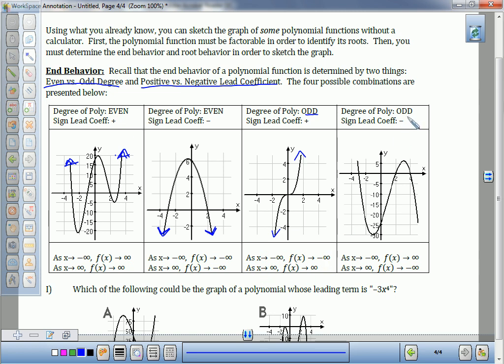If it's odd with a negative, it's the opposite of that. It rises to the left and it falls to the right. Therefore, our end behavior is as x approaches negative infinity, y approaches positive infinity. And as x approaches positive infinity, y approaches negative infinity. So go ahead and see if you can answer the next one and press play when you're ready.